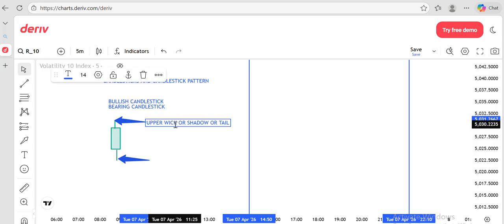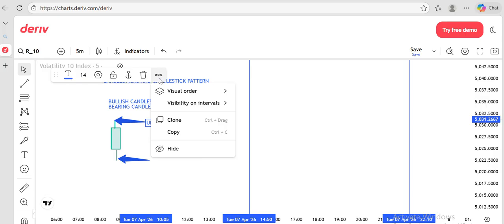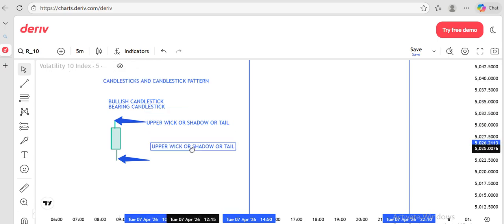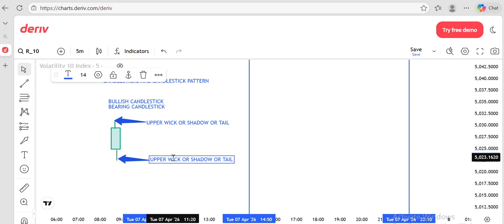So when there's upper, there'll be lower. So this is the lower wick, or lower shadow, or lower tail.